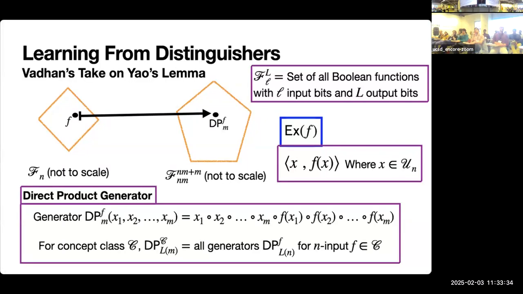This is the intuition that I at least have for, which is potentially wrong, something called the direct product generator. This generator takes as input m n-bit strings. It has oracle access to f, some n-bit function.